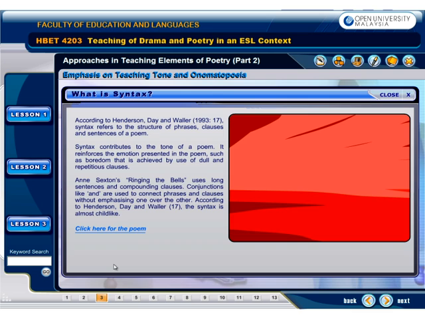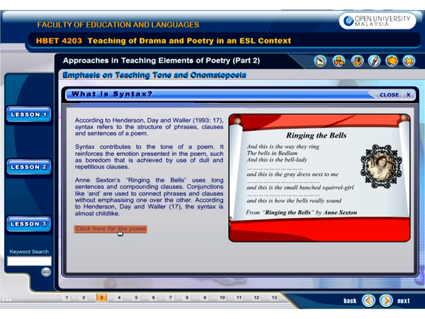Anne Sexton's Ringing the Bells uses long sentences and compounding clauses. Conjunctions like "and" are used to connect phrases and clauses without emphasizing one over the other. According to Henderson, Day and Waller, the syntax is almost childlike. Click here for the poem.